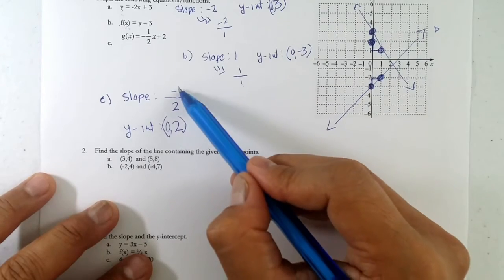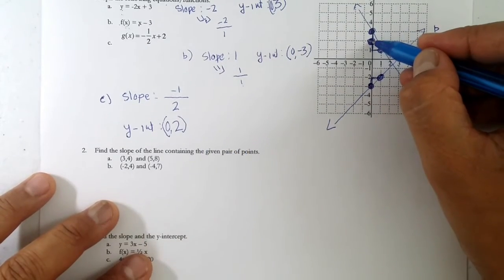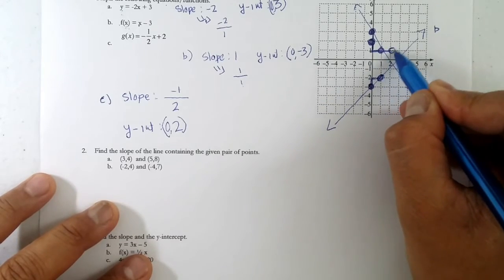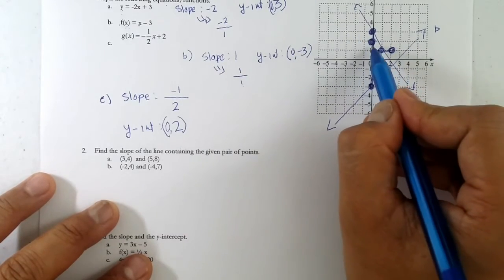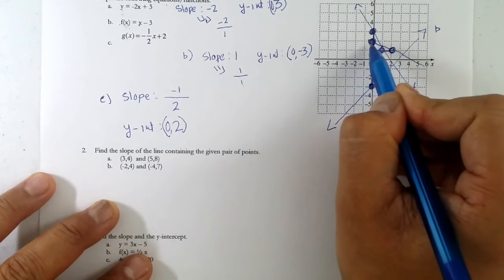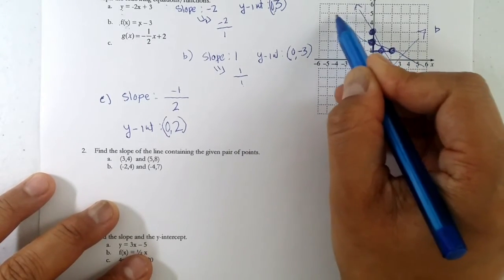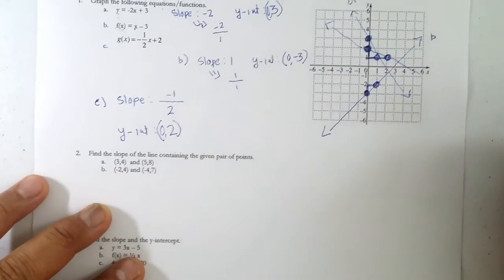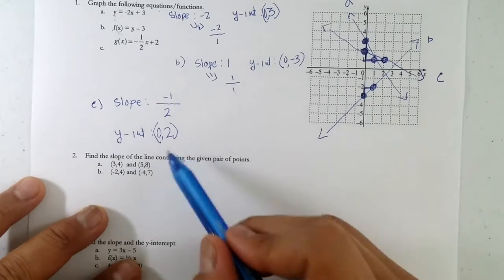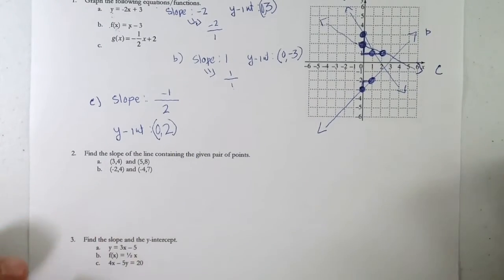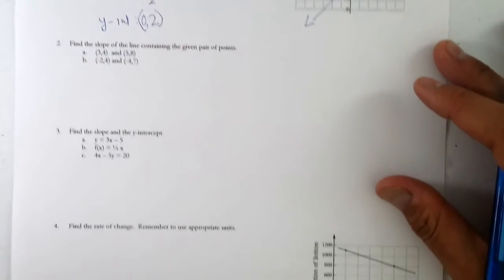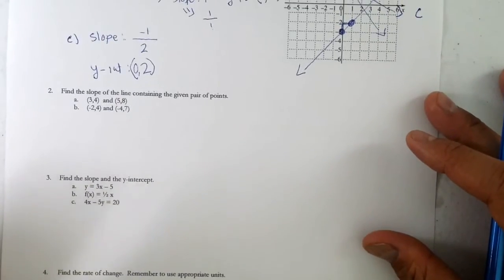And then rise, run: go down 1 unit, and then go over 2 units. And this is my other line. That's a bad looking line. That's the third line, line C. Guess what? You just learned how to graph a line using slope-intercept form. Let's move on to complete other tasks.